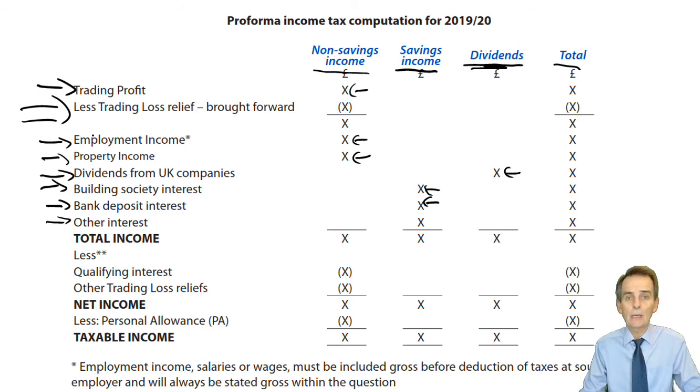There might be property income, there might be interest income, for example, and those, as you've just seen, are separated out and shown independently upon this income tax computation. So there is work to do there.